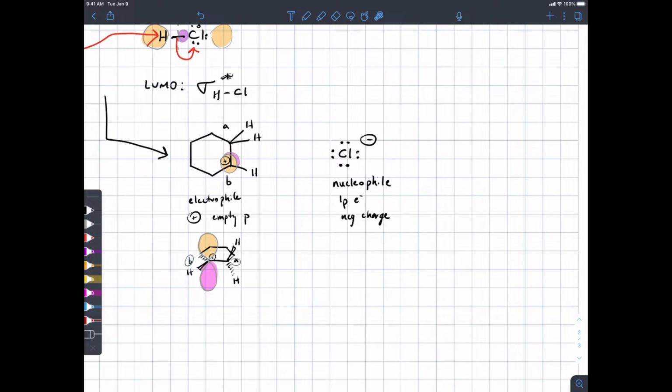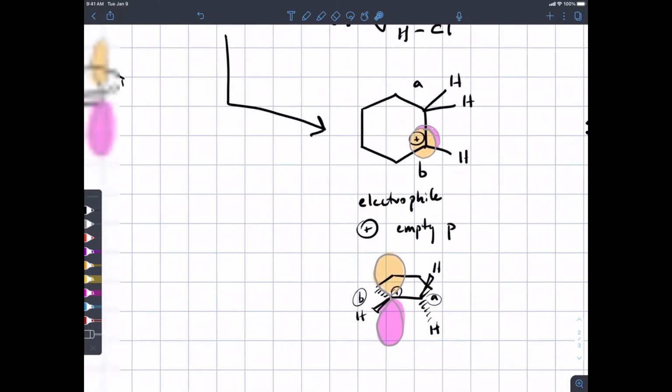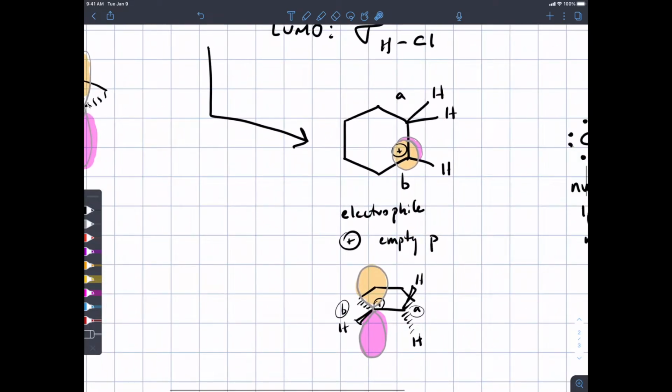Go ahead. Yeah, so I just have a question. How do we know it's an empty p orbital and not just that it has lone pairs? Okay, the reasoning there involves hybridization and formal charge. And it's actually formal charge first. So the fact that that carbon is positively charged, what does that mean?